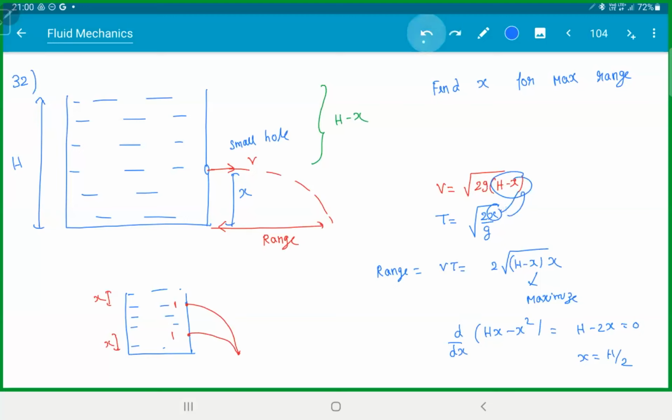If the hole is on the top, what will happen? Speed is less, but time is more. The hole at the bottom will have more speed but less time. The product will remain the same. So the two holes equidistant from both sides will have the same range. Remember, the container is on the floor.